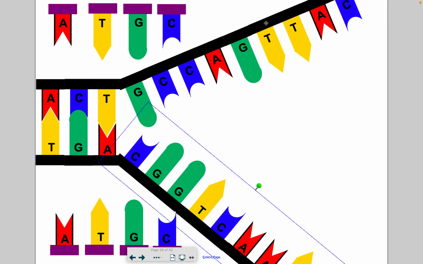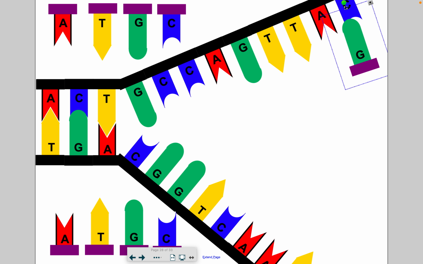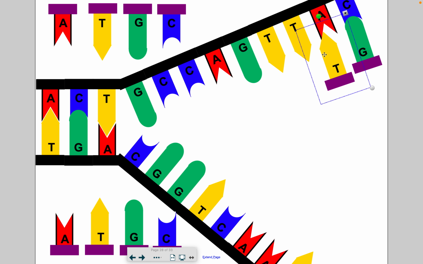So what am I going to do here? I'm going to start on this end and just follow DNA helicase. So C pairs with G, and I'm already regretting going at an angle because that means now I have to fix or tilt my nucleotides.